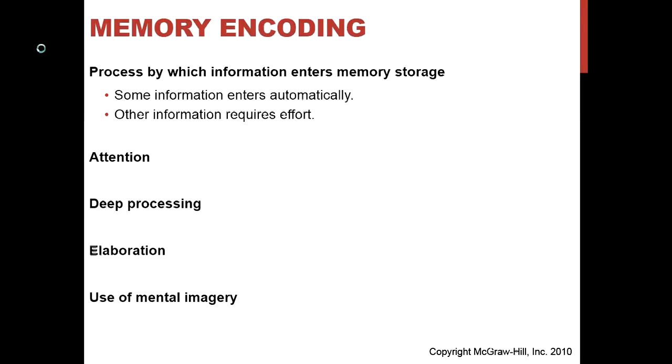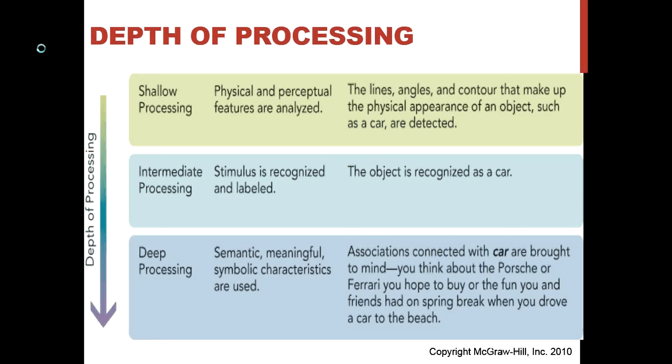Now, the other thing we have is what's called deep processing, and here we have a nice slide here, and this is actually, you can find this in your textbook. We have 3 different levels in which processing can occur, and the depth at which that can occur. If we are first learning something, we typically are just using shallow processing, where we just kind of look at it very quickly.